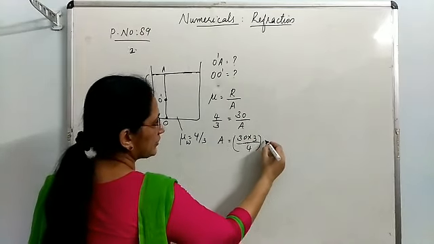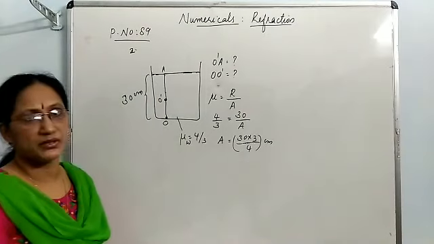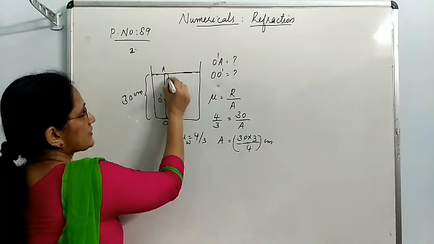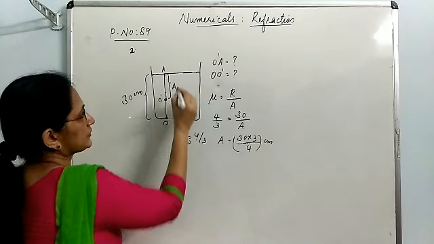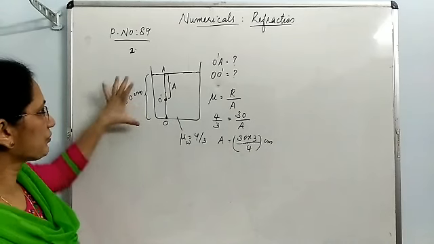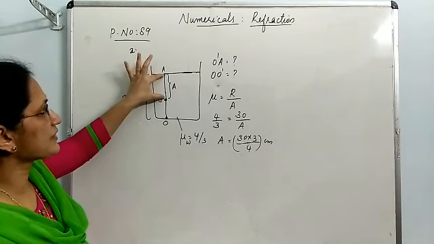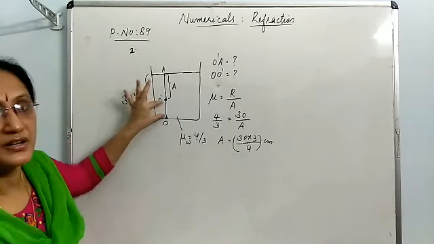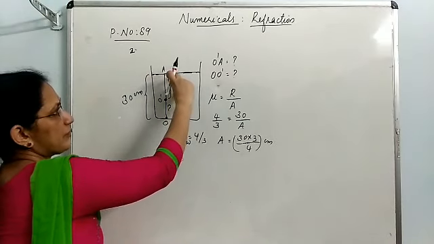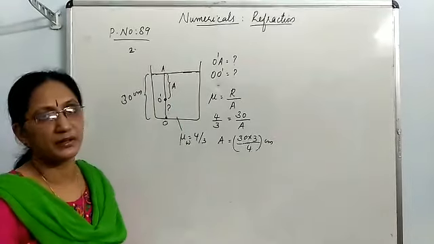Calculate it, you will get the answer in centimeter. This is apparent depth. And real depth you are knowing. So from real depth, subtract this apparent depth, then you will get the shift. This shift you will get when you subtract apparent depth from real depth.